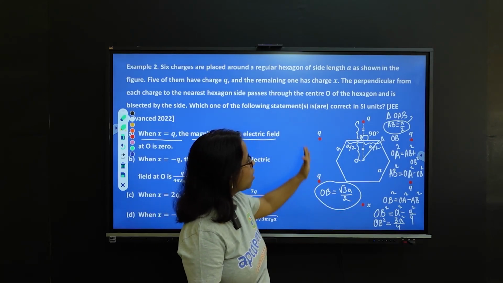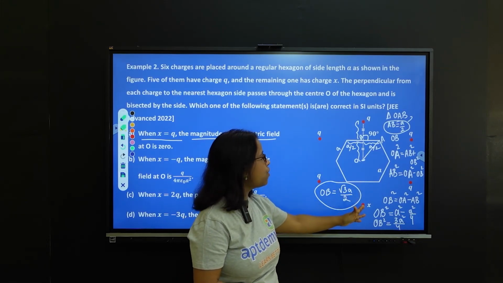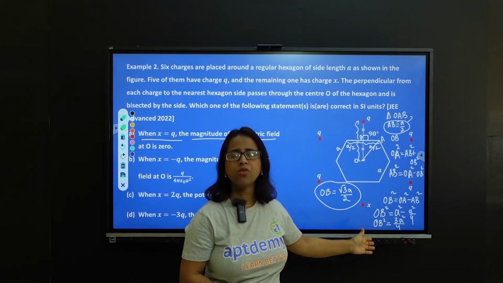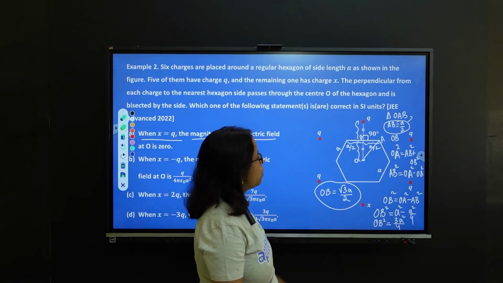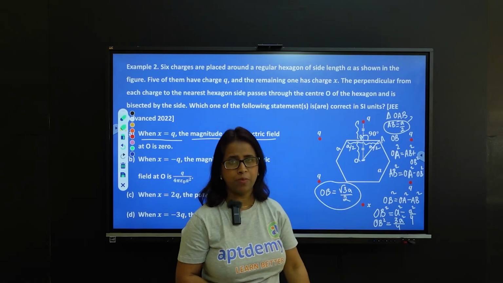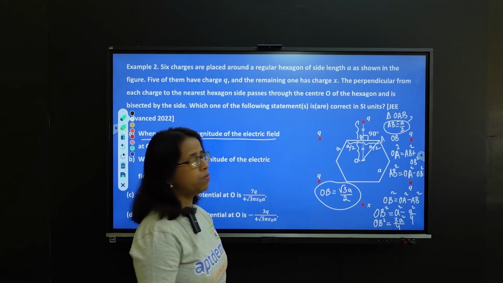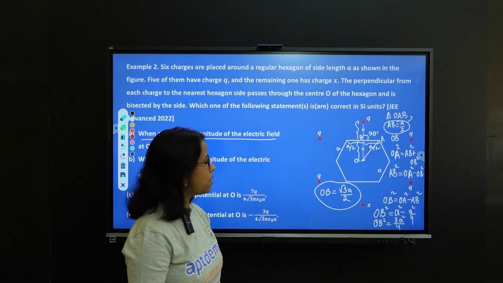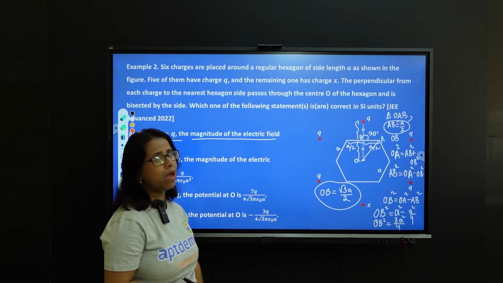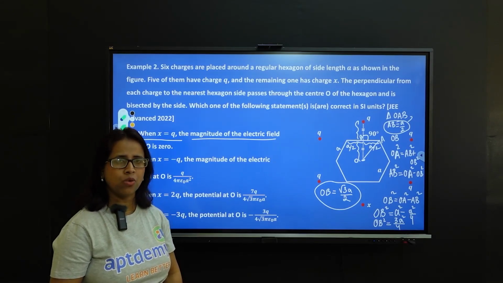If you take note, all the 5 charges are of equal magnitude, and if we have a 6th charge here at x also of magnitude q, it will mean that the entire thing has a symmetrical base. So the whole figure will be symmetrical. It is a case of symmetry in fact. And as we know, in case of symmetry, the magnitude of the electric field at the point O will be 0.